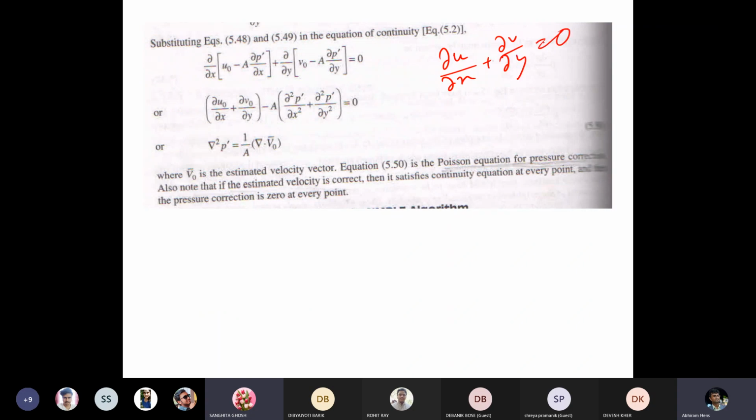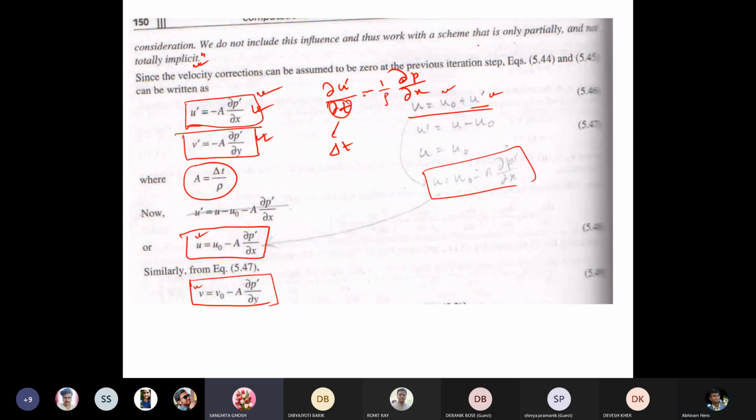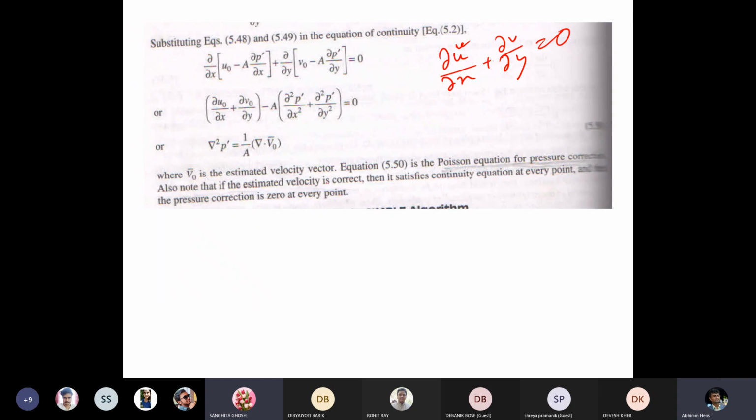Now instead of u you write this one, and instead of v you write this one. If you put all those values, you will see that finally your equation comes like this: del u0 del x plus del v0 del y minus a into del 2 p dot del x square plus del 2 p dot del y square equal to 0.